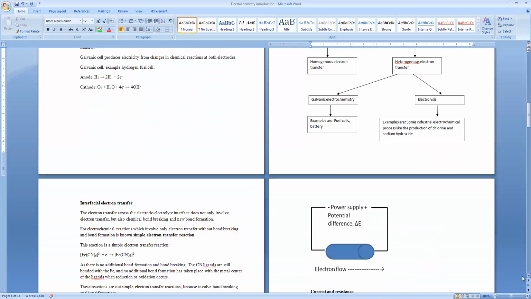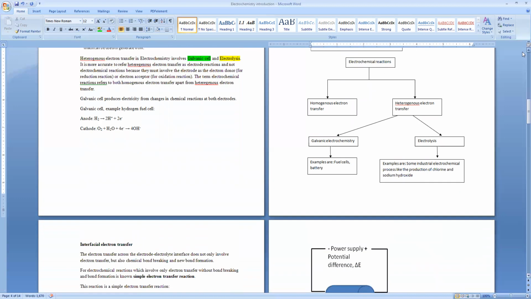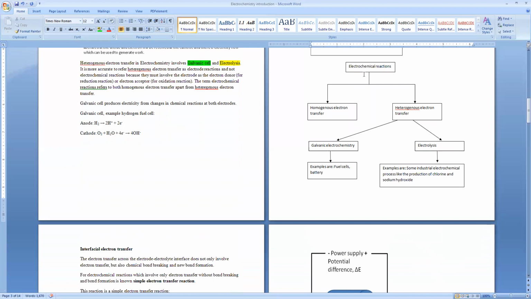Here we can summarize. Electrochemical reactions involve homogeneous electron transfer and heterogeneous transfer. In the heterogeneous part, you have galvanic electrochemistry and you have electrolysis. Examples of galvanic are fuel cells and batteries, which we will discuss here. The electrolysis part is, for example, when you electrolyze seawater to produce chlorine gas and sodium hydroxide.